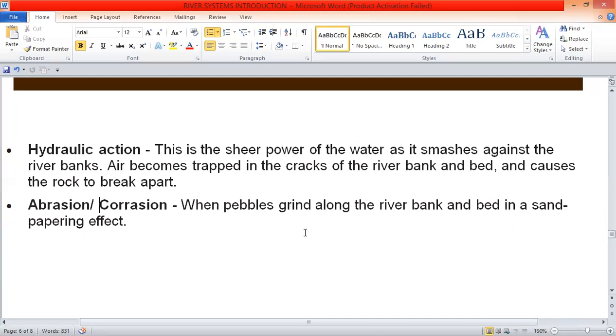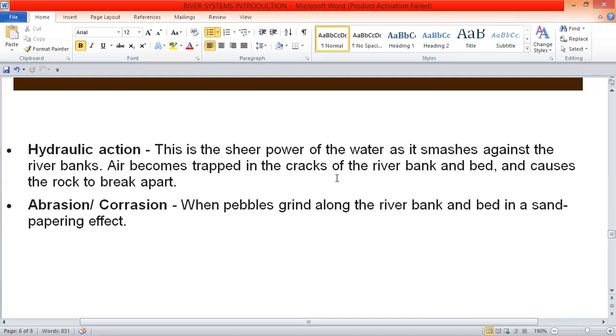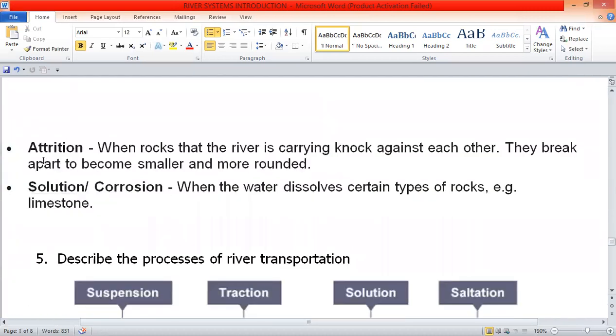It's like it's scrubbing on the bed, scrubbing on the walls. That is abrasion. As they scrub on the banks and the bed, they are being reduced in size and the shape is being smoothened as well. Okay?